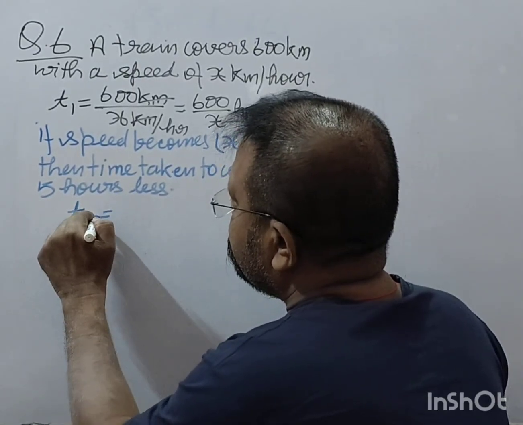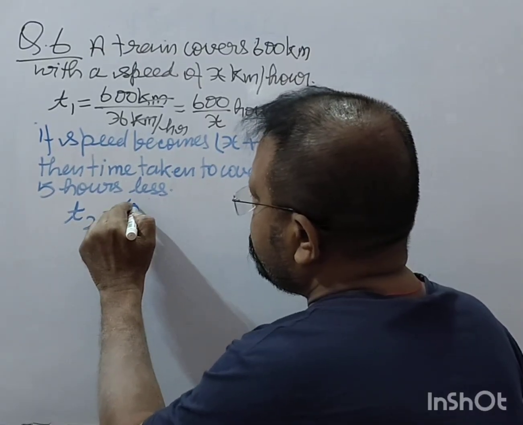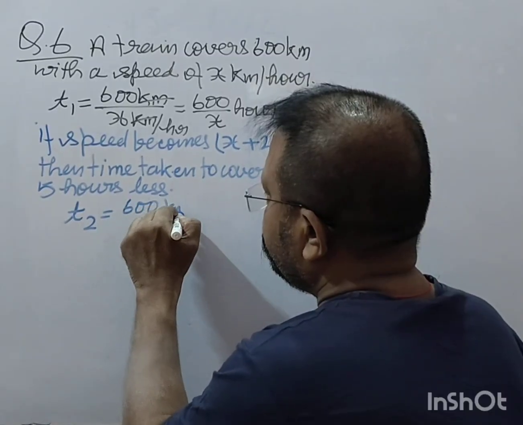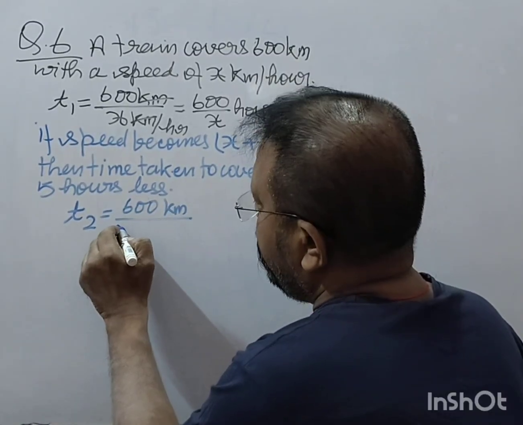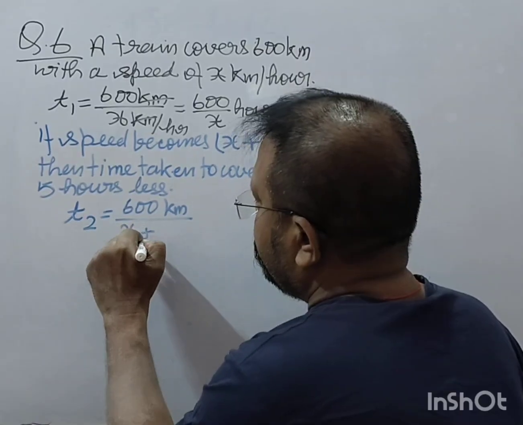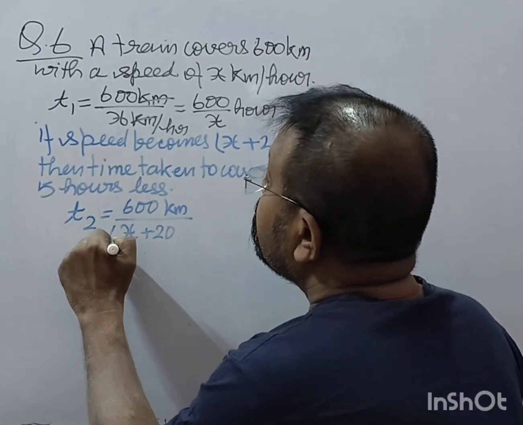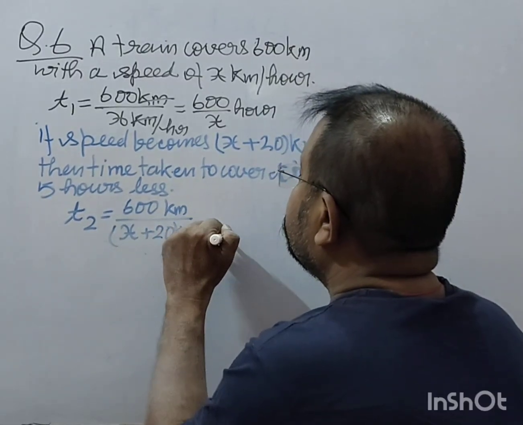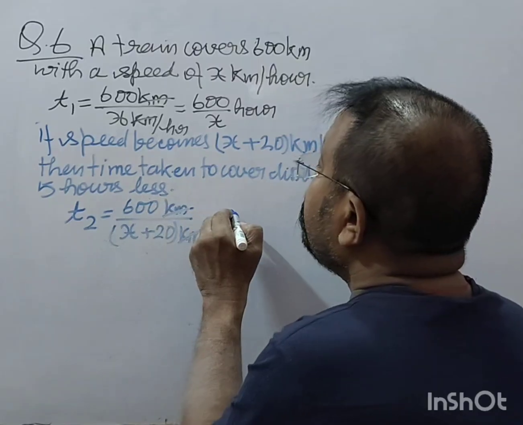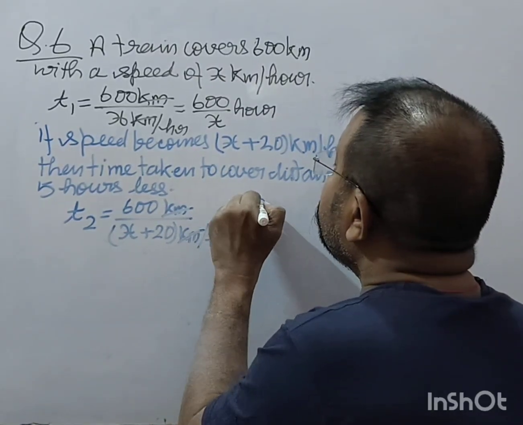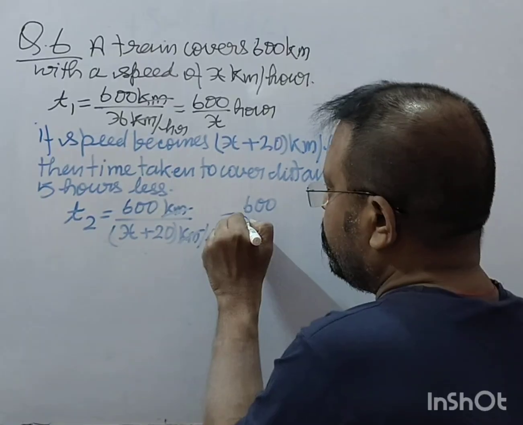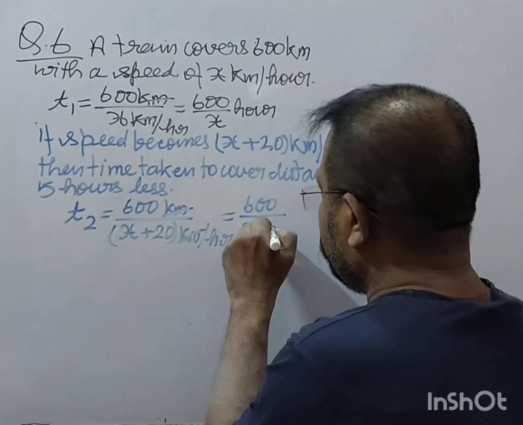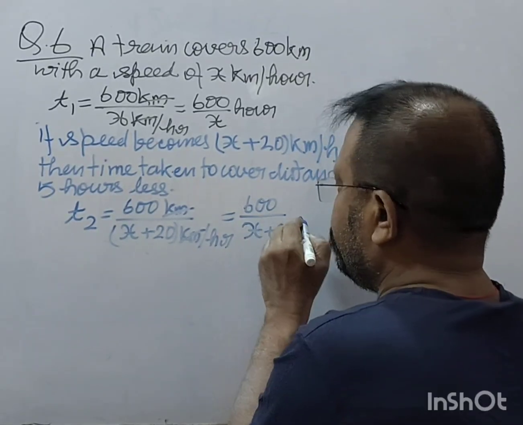T2 is, distance is same, 600 kilometers upon x plus 20 kilometers per hour. So it becomes 600 upon x plus 20 hours.